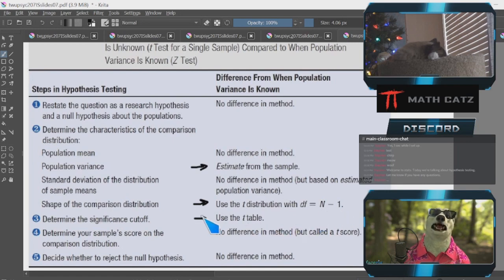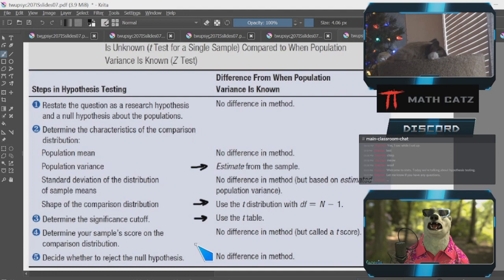I therefore use a t-table to look up the cutoff, the t-scores. And there's no difference in how I make that decision. I just use the t-distribution, t-table, and call it a t-score. No difference in how I make the decision or the conclusion at the end of the hypothesis testing procedure.